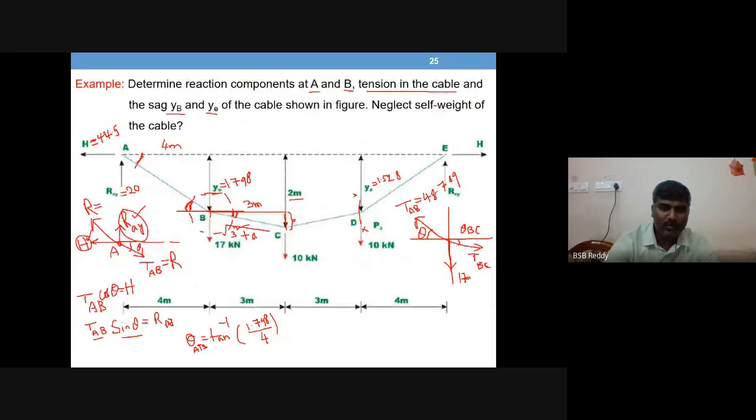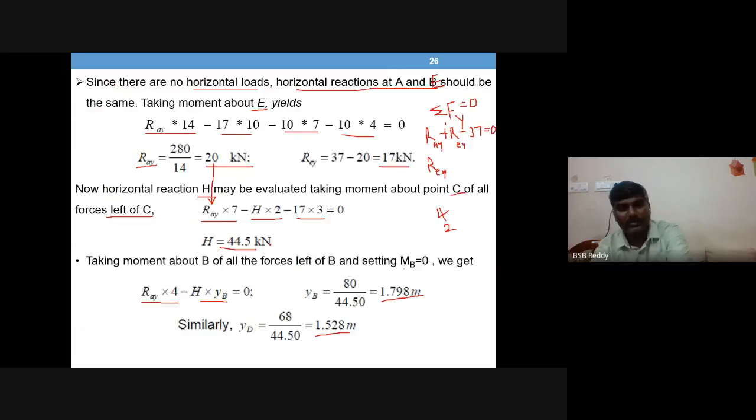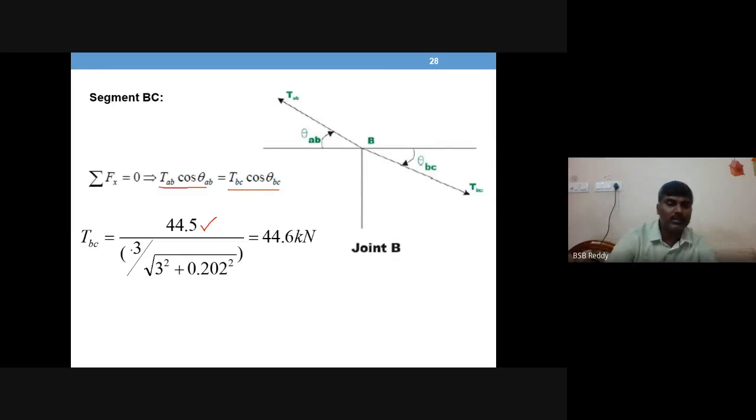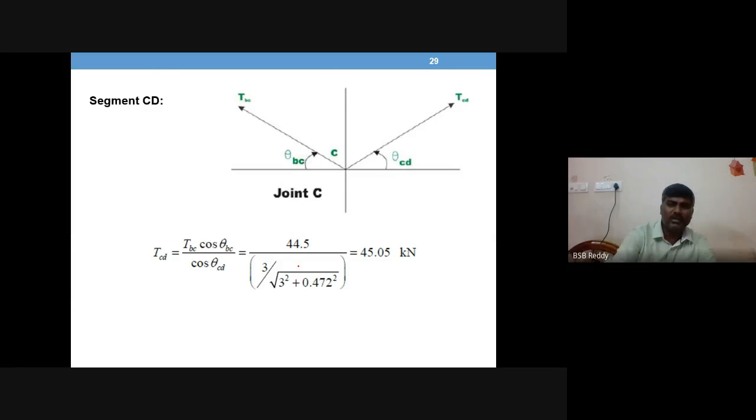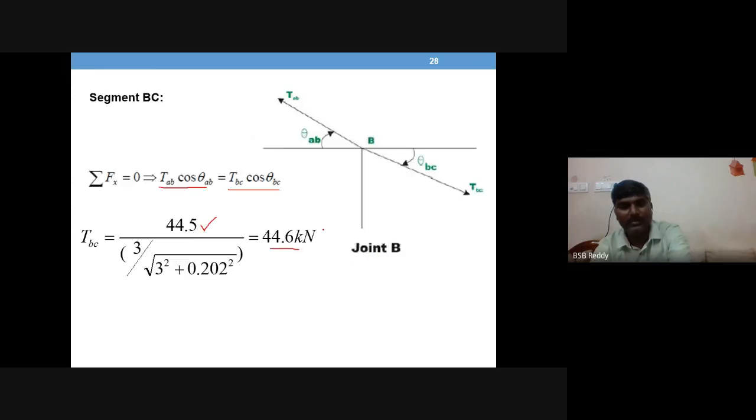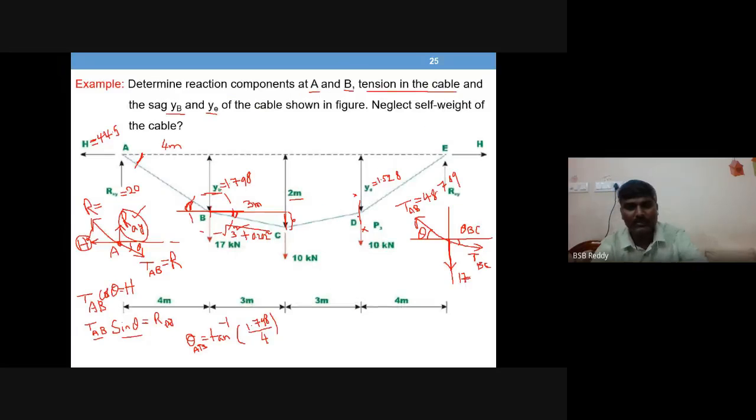So 0.202 square. That is what is written here: 3 divided by the square root of 3 square plus 0.202 whole square. That will give you the TBC value. Similarly, another joint, joint C. You can see joint C in the diagram.